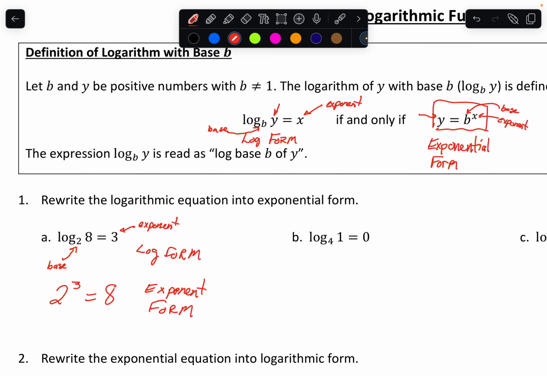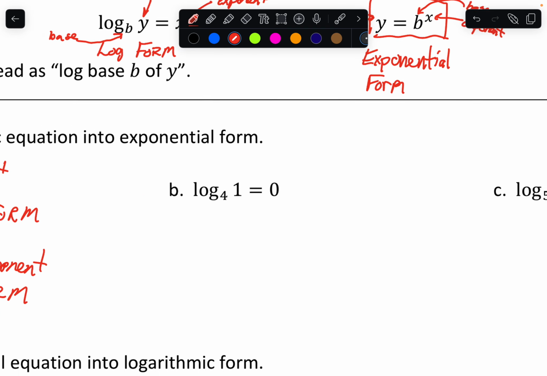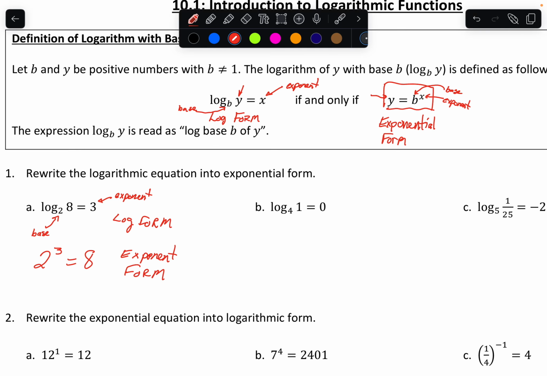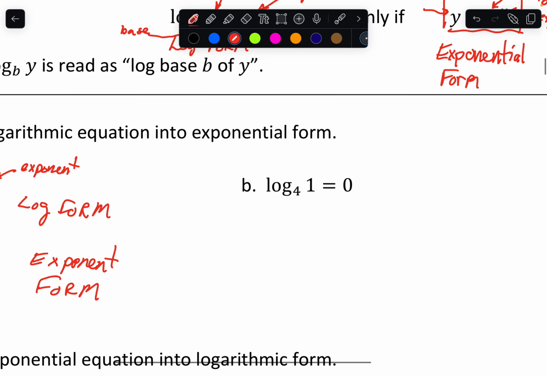The key thing here is just noting where things are in log form and comparing them to where they are in exponential form. We'll do the same thing on letter B. I know this is going to take a minute or two to wrap your head around, so just bear with me and we'll get it figured out soon enough.